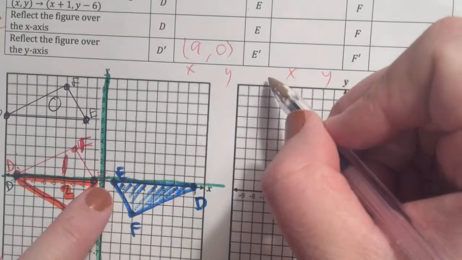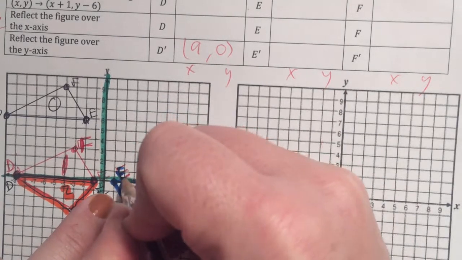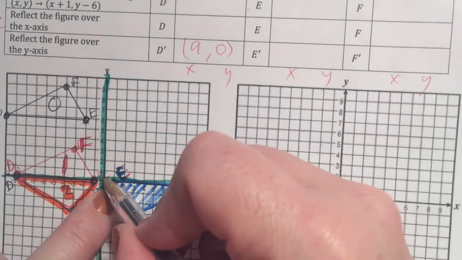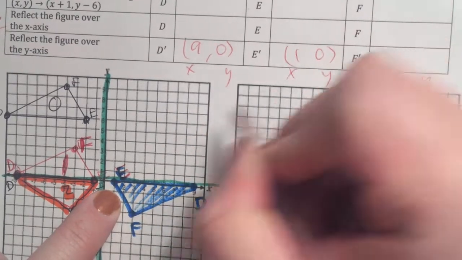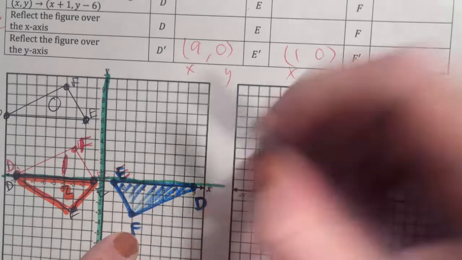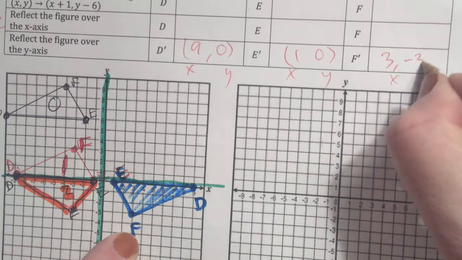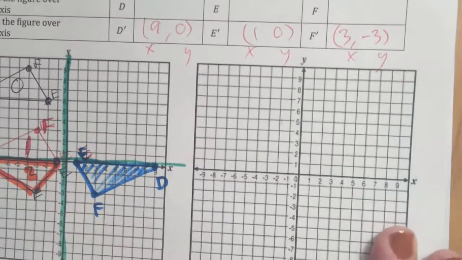Okay, this is letter E right there. So that's 1, 0. It's on the x-axis, so the number is with the x. Then F is positive 3, comma, negative 3.